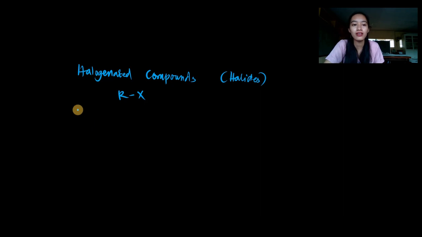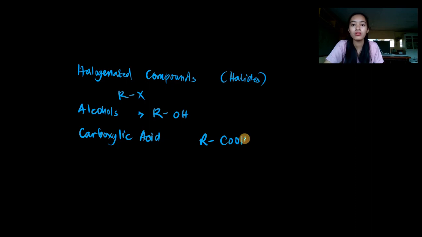X stands for any halogen. Next, alcohols are OH. OH is your hydroxyl group. Next, we have carboxylic acid. Carboxylic acid has a carboxyl group, so R, COOH.